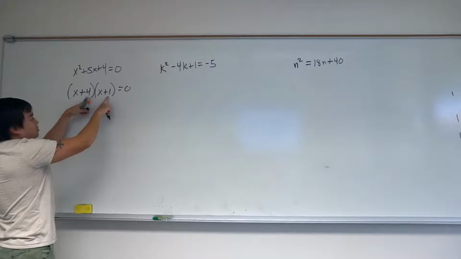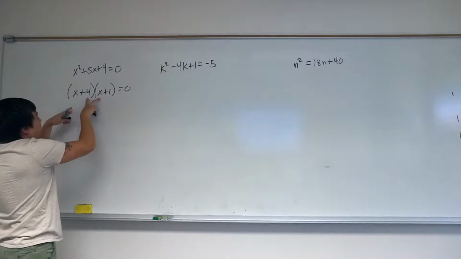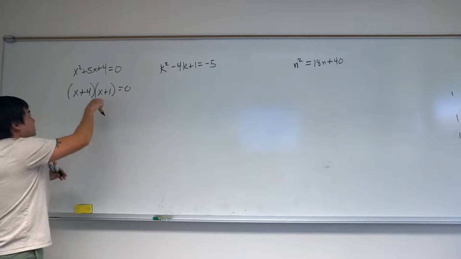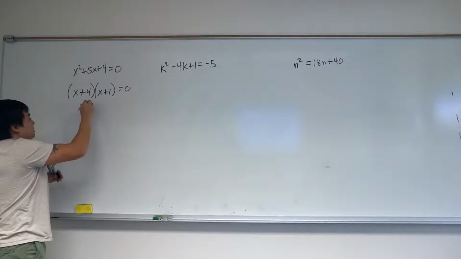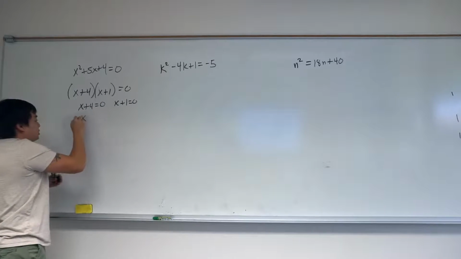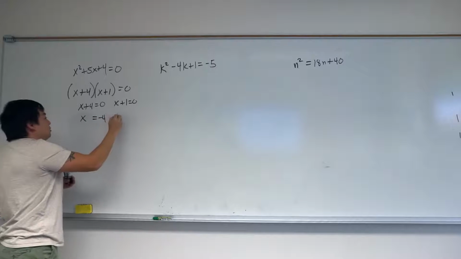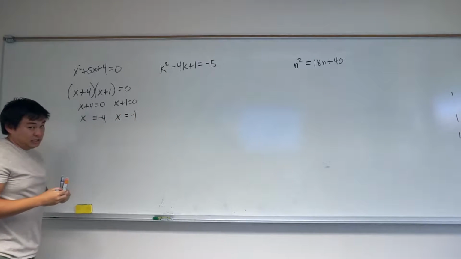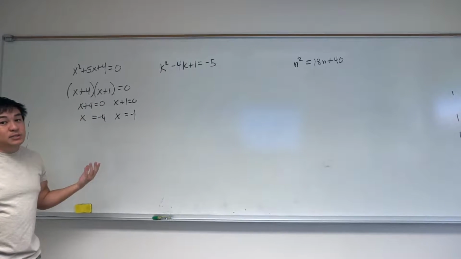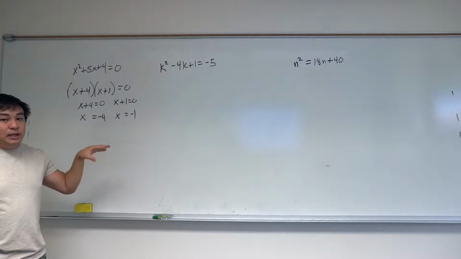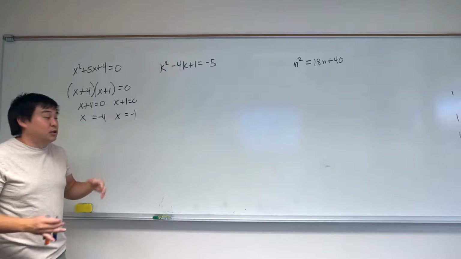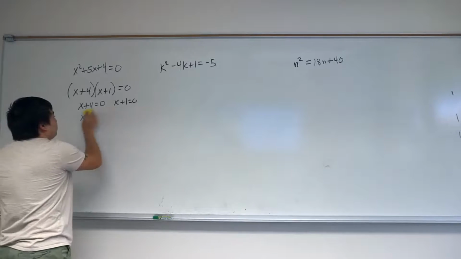Remember, these two multiply together give you 4, and then 4x plus 1x is 5x. If we wanted to solve these, you would set each of them equal to 0 and solve for x. And that's it. The entire solution here can be done in 2 steps. So completing the square should be the last resort if you aren't able to do this part, which we'll learn next time.